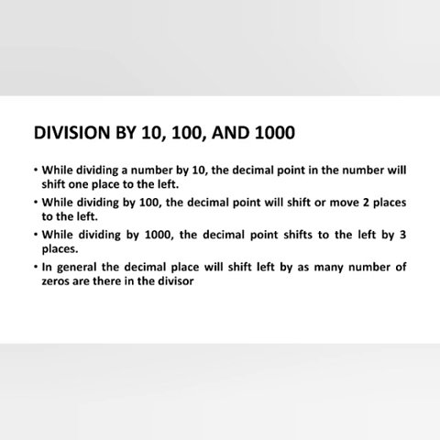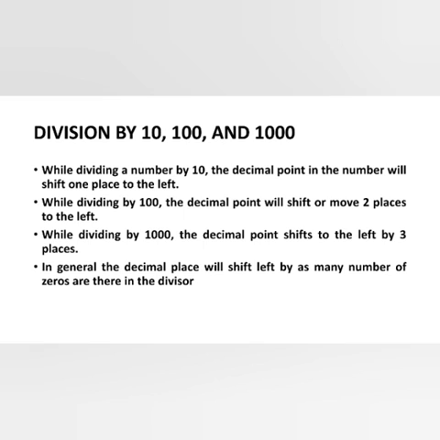First one is division of decimal numbers by 10, 100 and 1000. While dividing a number by 10, the decimal point in the number will shift one place to the left. While dividing by 100, the decimal point will shift 2 places to the left.